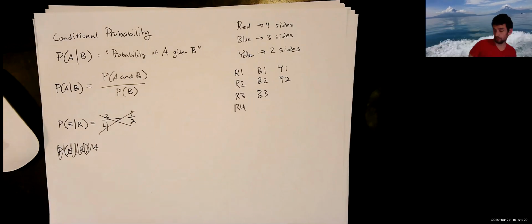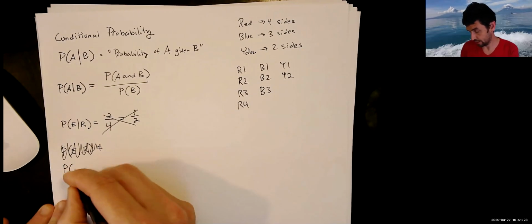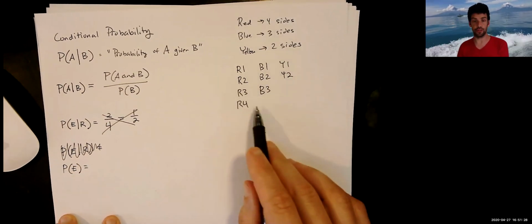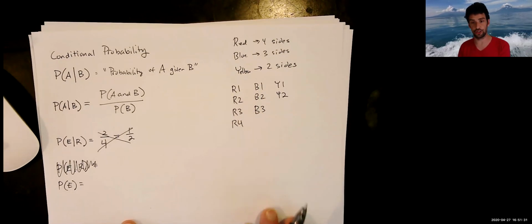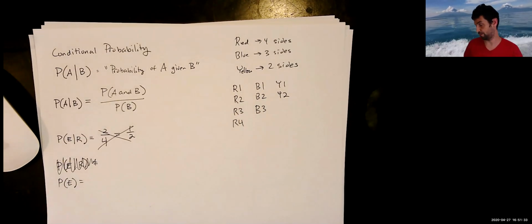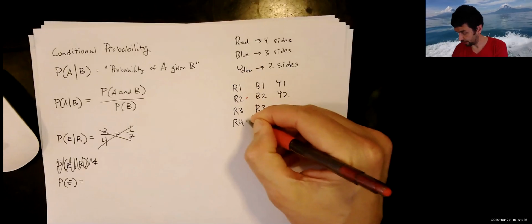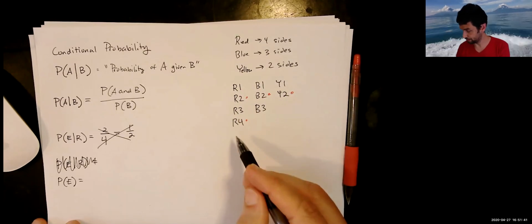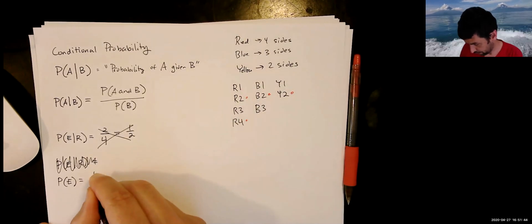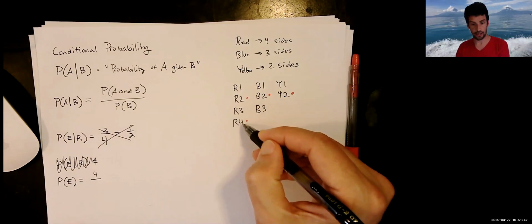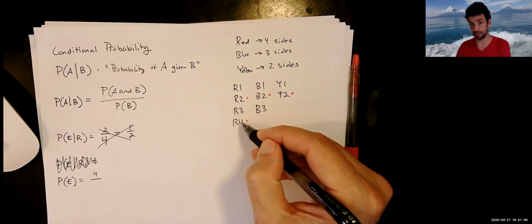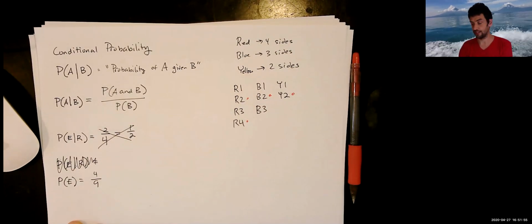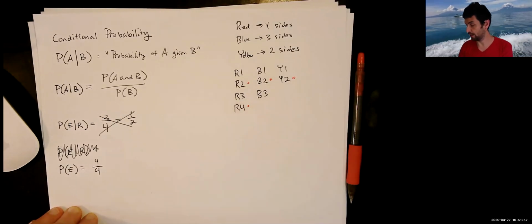What's the probability of rolling an even number with this new construction for this experiment, right? So we look at our sample space, we count all the even number rolls. I count 1, 2, 3, 4. We've got 4 out of how many outcomes in our sample space? 1, 2, 3, 4, 5, 6, 7, 8, 9. So we've got 4 out of 9 is the probability of rolling an even number in this case.